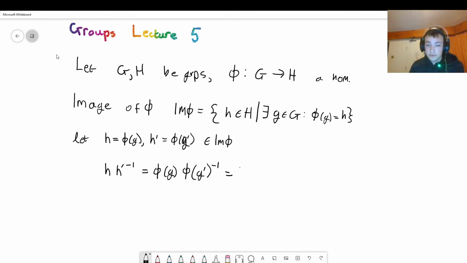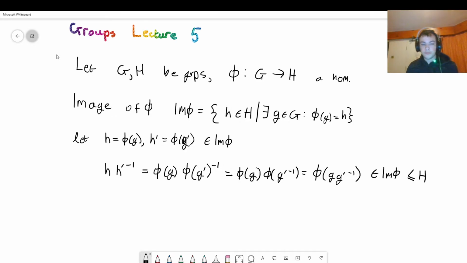Because phi is a homomorphism, this is phi of g g prime inverse, and so it belongs to the image of phi, which must then be a subgroup of H.